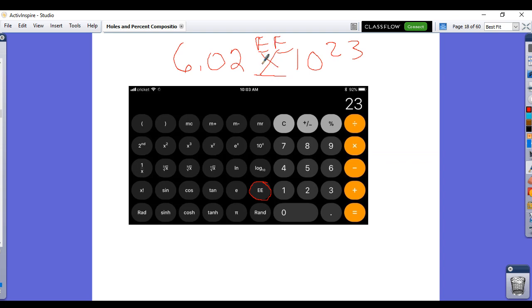That stands for the X10, and then you would type in your 23. Now, if you have a scientific calculator, it may not have EE on there, it may have EXP. That's the same thing.